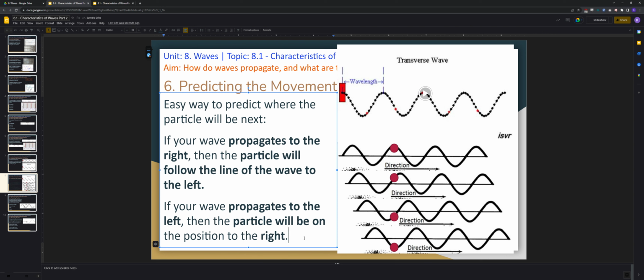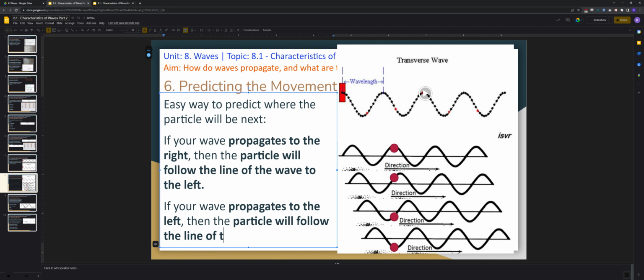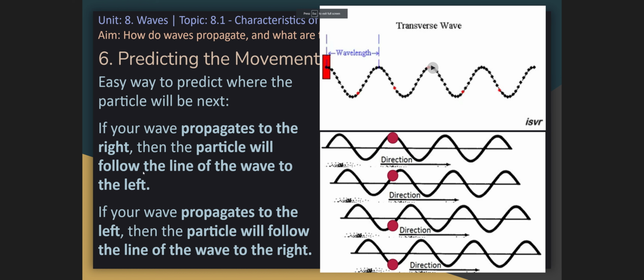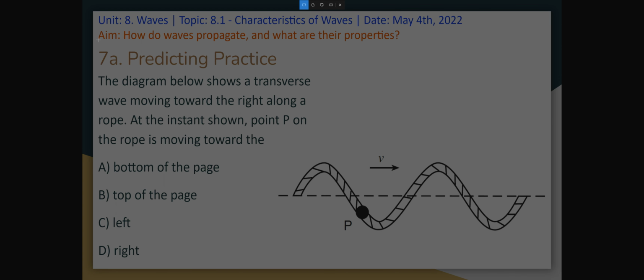If your wave propagates to the left, your particle will follow the line of the wave to the right. So that's really just two ways to remember it. These are two general rules, and we're going to go back to them because you'll understand what I mean in just a bit.